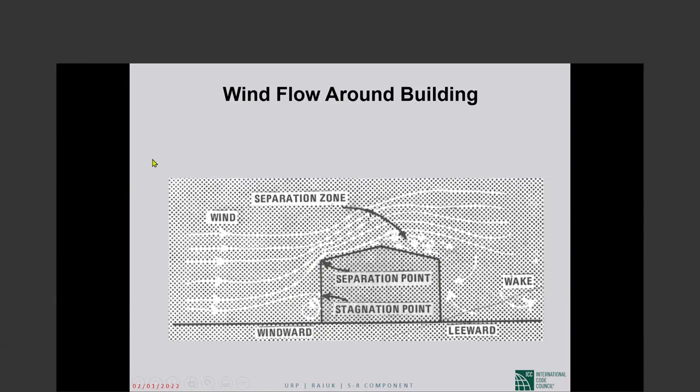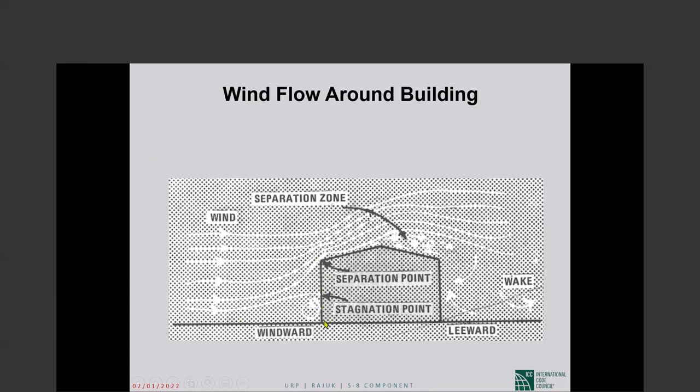The direction of wind, as you see, is from left to right. This is the windward face. This is the leeward face, and this is the windward roof. This is the leeward roof, and the other two faces are the side faces. This is the terminology we typically use.